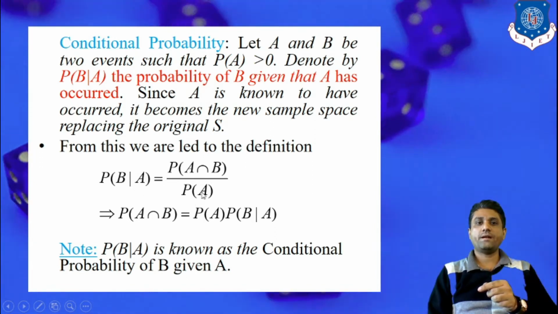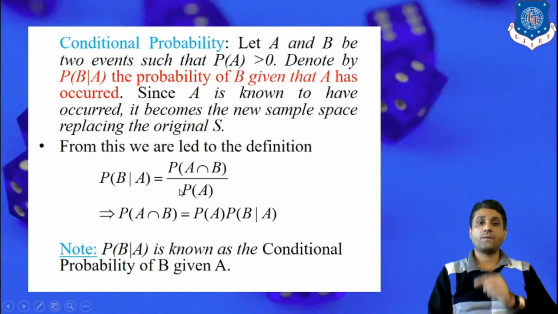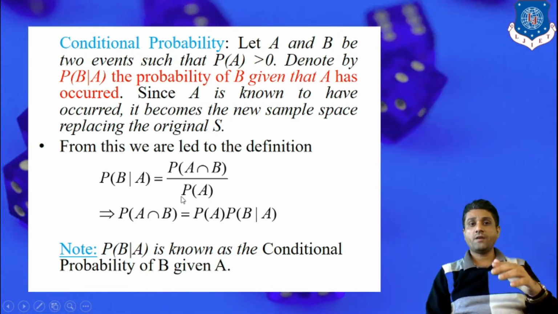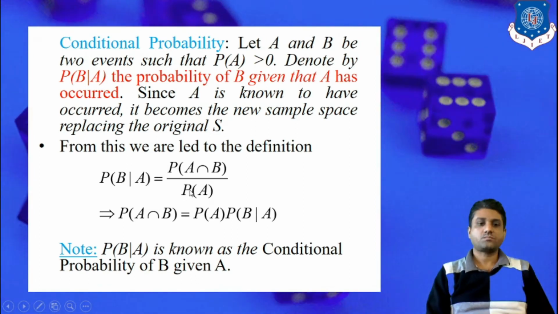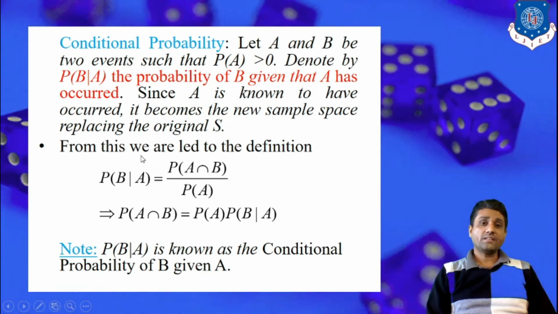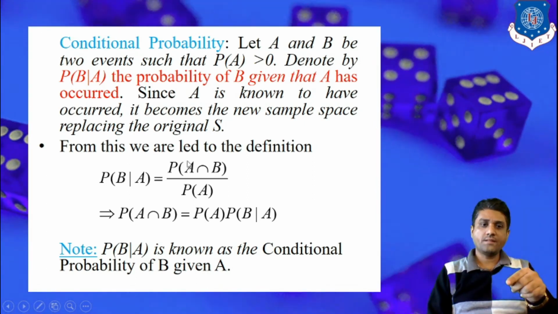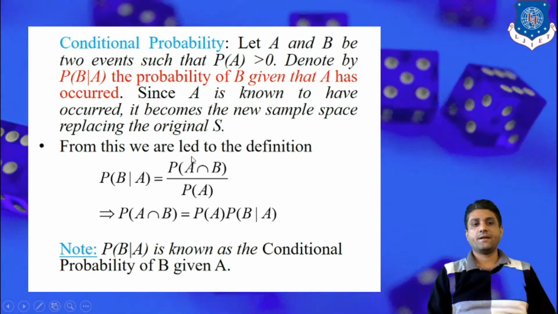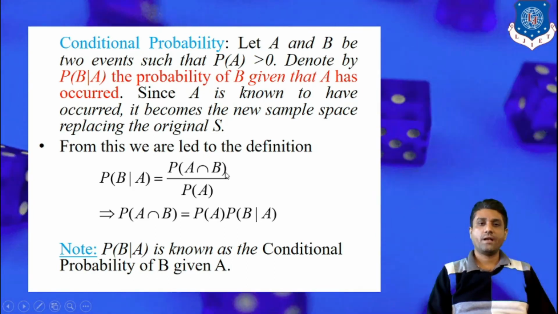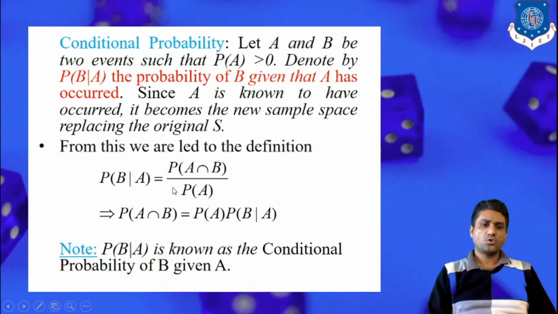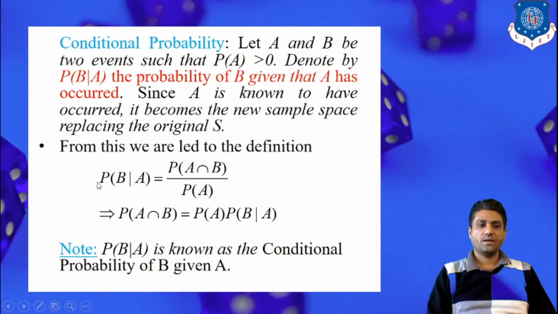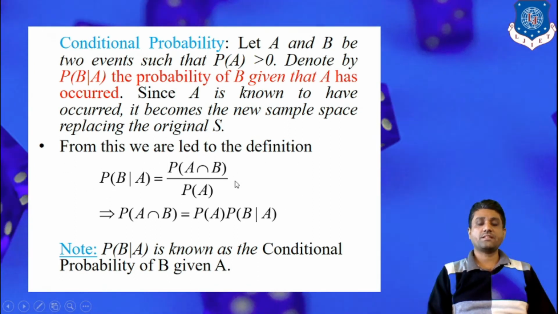The denominator, that is the universal set, is replaced by the event which has already happened, probability of A. In the numerator, that is our favorable outcomes, we have the probability of A intersection B. This formulation represents the conditional probability.